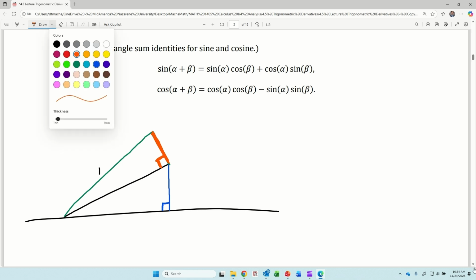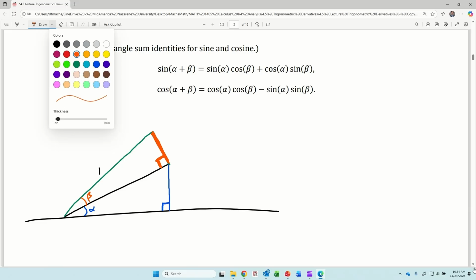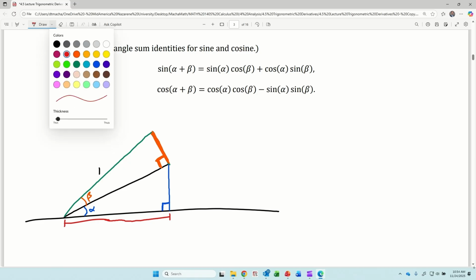I'm going to then label these angles, angle alpha and angle beta, and that makes the length of this segment from here to here, well, let's not do that first, I guess. Let's do this one first.